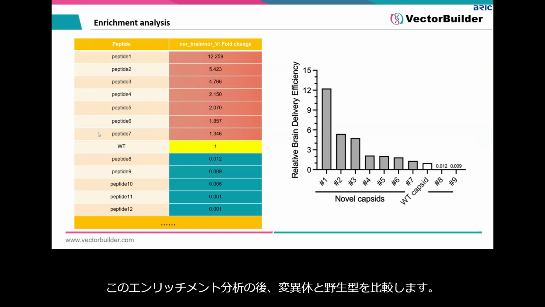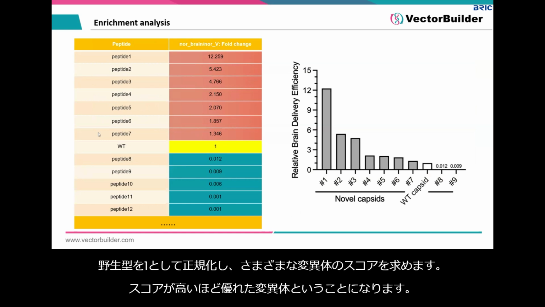After this enrichment analysis, we'll compare the mutants with the wild type. Let's normalize the wild type as 1, and we will get the score of different mutants. The higher the score, the better the mutant.